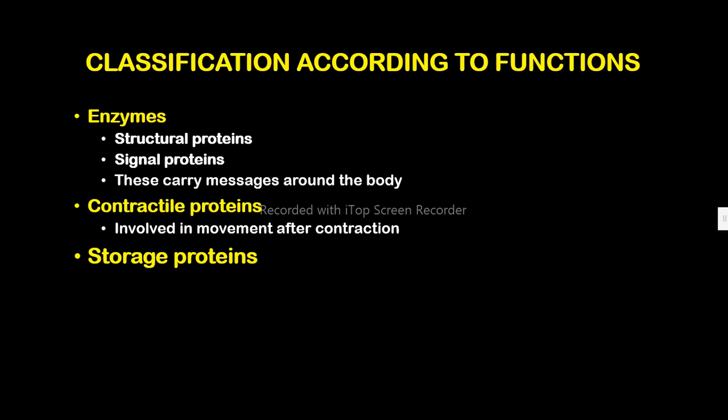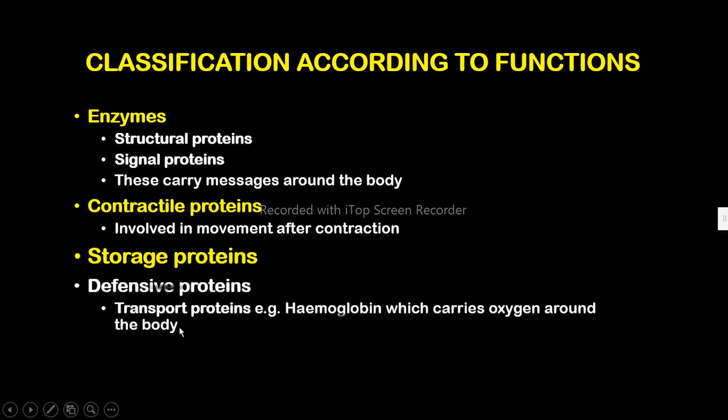Then we have storage proteins, the albumin in eggs. Yes, you know that we don't store proteins, and no animal can store proteins. But as a growing chick, the egg must have enough nutrients to support the growing chick to grow within the egg until it gains a given size to come out.